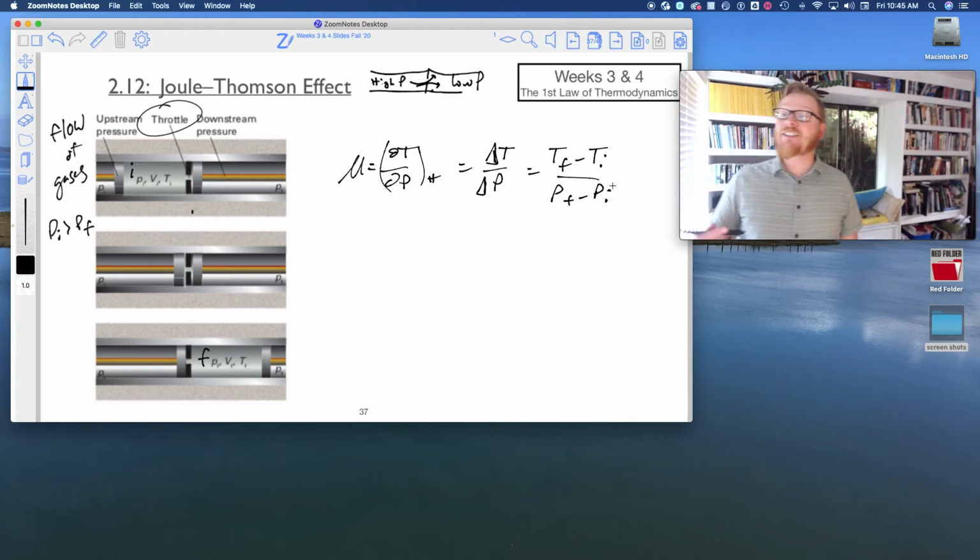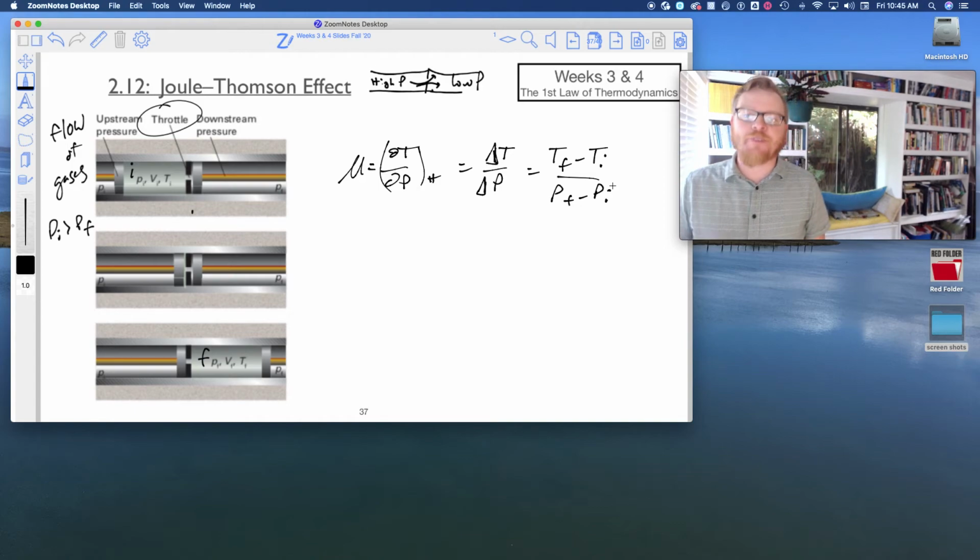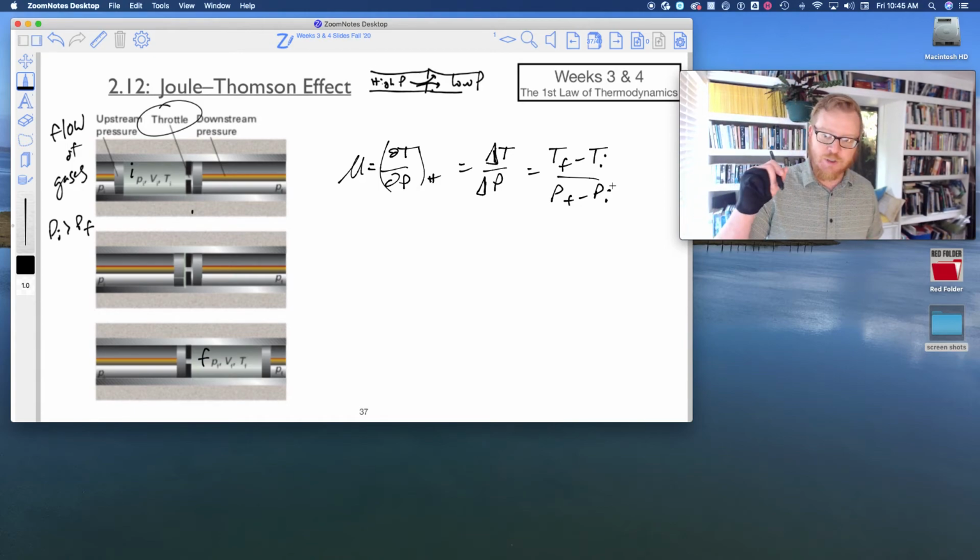Okay? And so as it turns out, not all gases cool when they expand, but the vast majority of gases do. Okay? And so because the vast majority of gases do cool as they expand, what's the explanation?